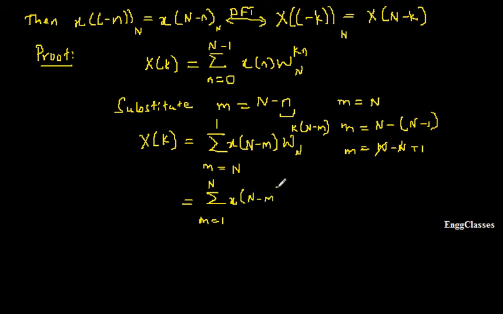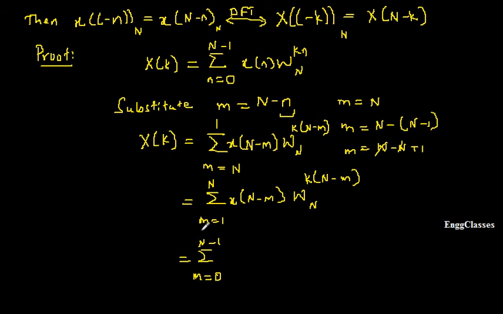So next I have x of N minus m W_N to the power k into N minus m. Is that okay? Now I said, as x of n is implicitly periodic, the limits of the summation can be changed. To what? I would now write m equal to 0 to N minus 1.